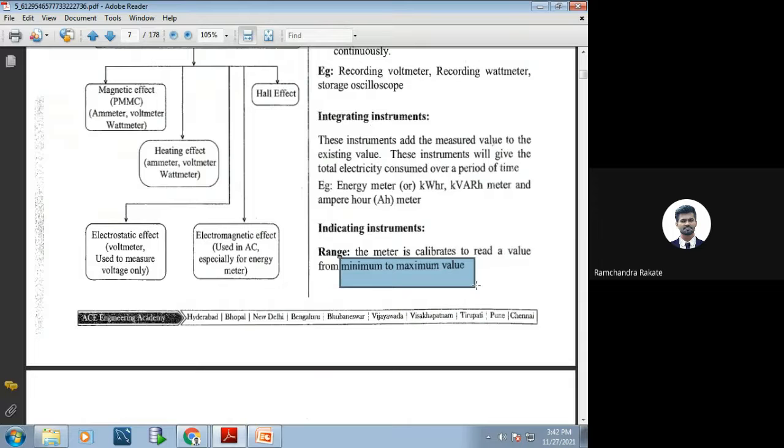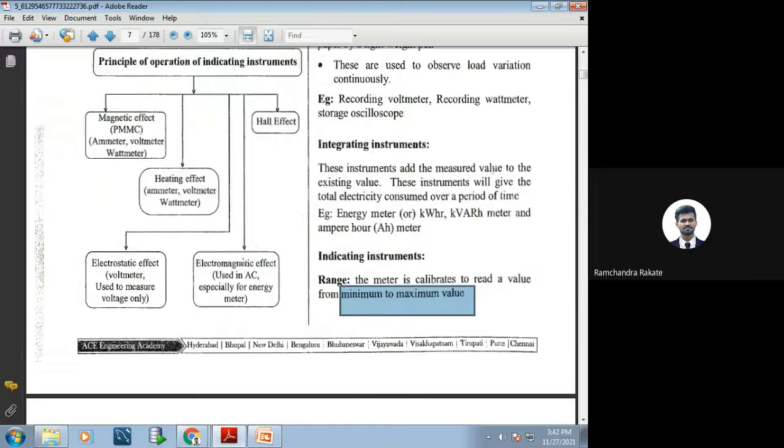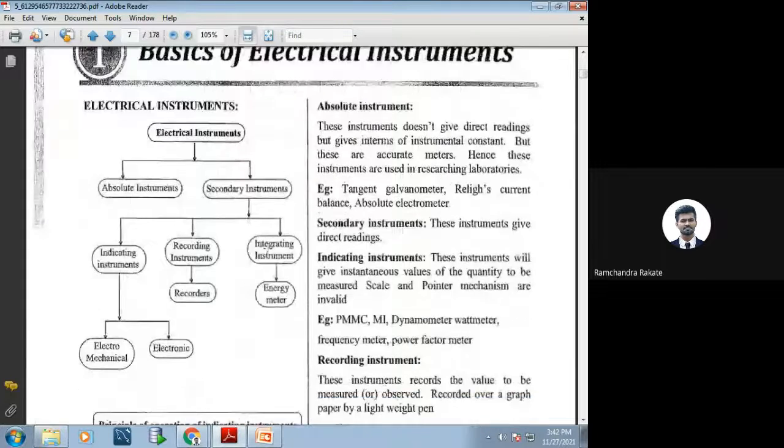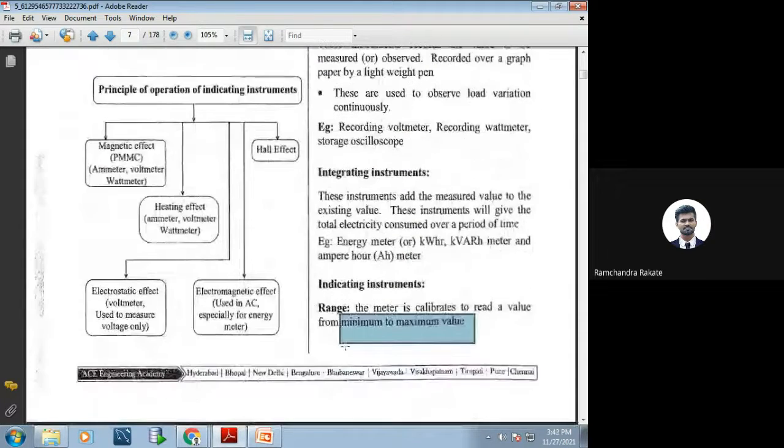Same as the example we discussed at the start: ammeter, voltmeter. The basic one is a clamp meter, because a clamp meter is used for three phase, where we pass the conductor through the clamp and measure the current without any physical connection.